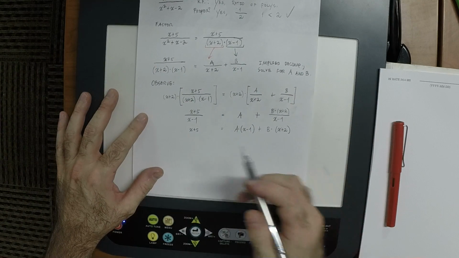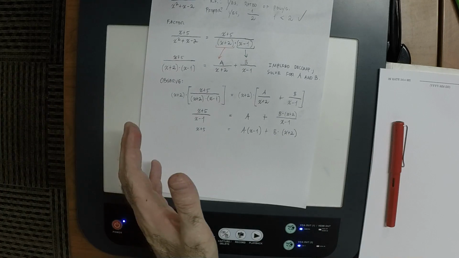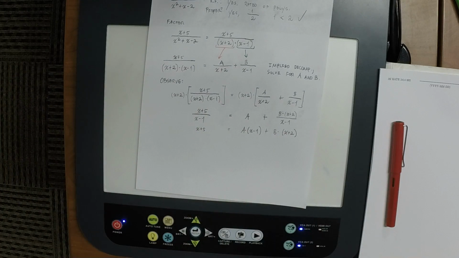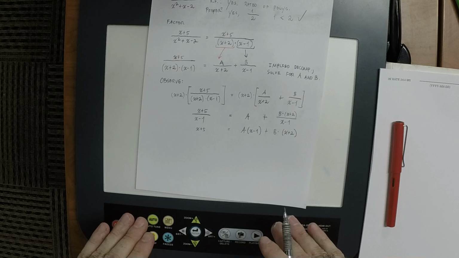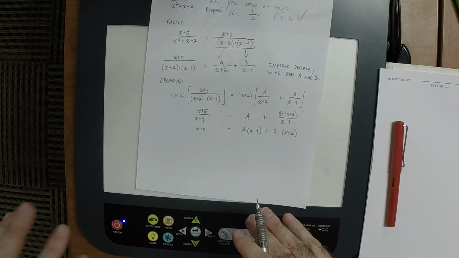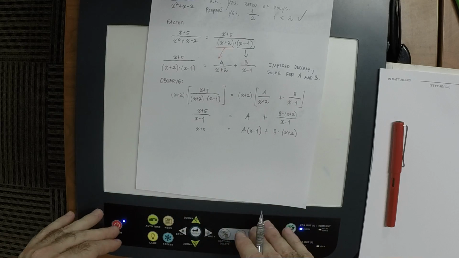So now, concerning this, there are two ways to proceed, okay? And depending on the problem at hand, sometimes one way is better and sometimes the other way is better. So I'm going to show you two different ways to do this. And when you're in the midst of a problem, you're going to have to decide which one you want to do. I'm not saying you must do both ways.